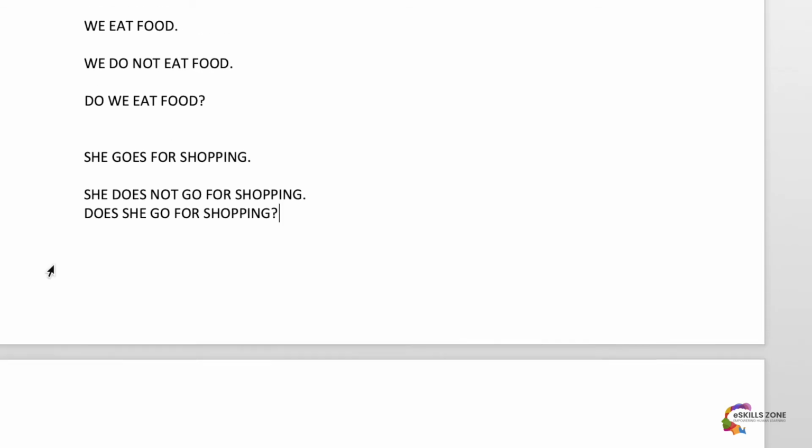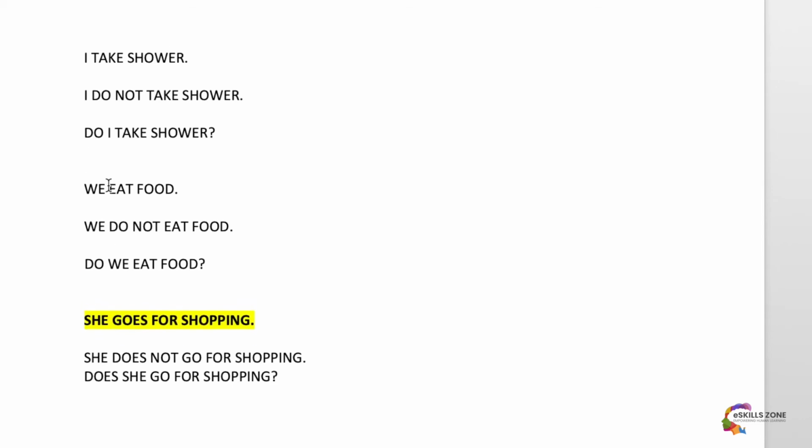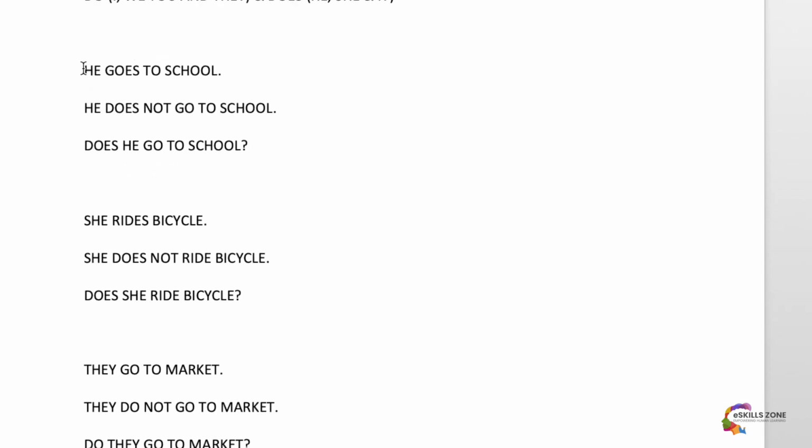You might have noticed in this sentence, which I'm highlighting now, she goes for shopping. I'm going to make it bold, and let me highlight it in yellow, and I'll show you another one. This one, he goes to school. I'm going to make it bold and highlight it.